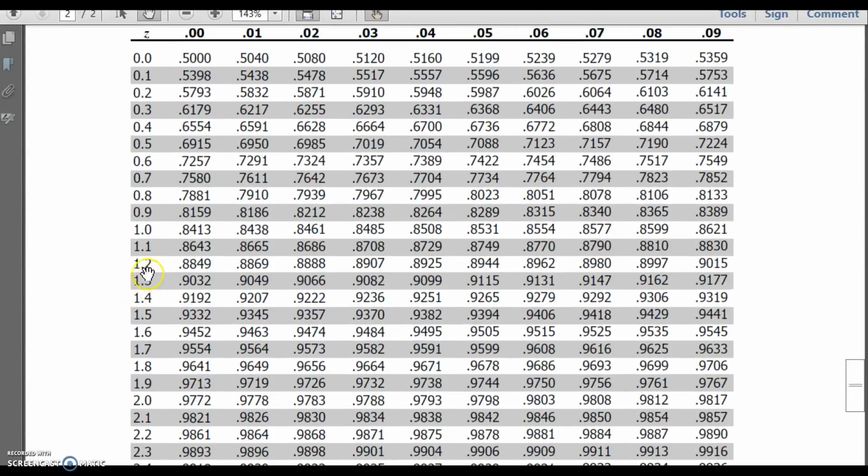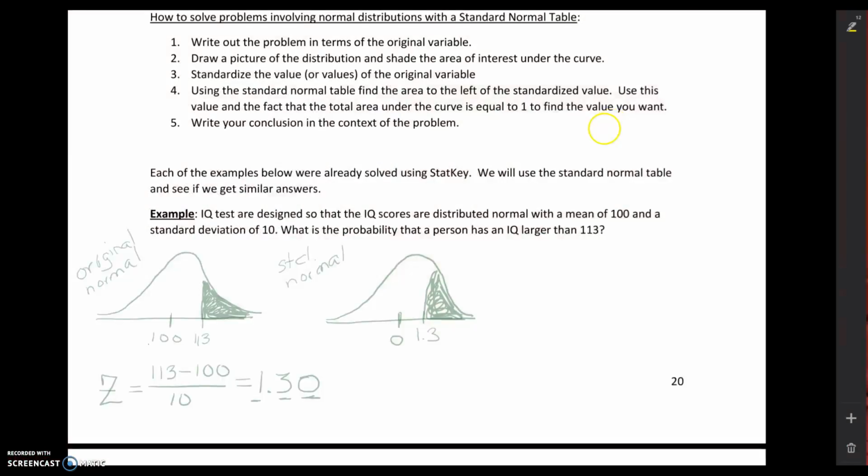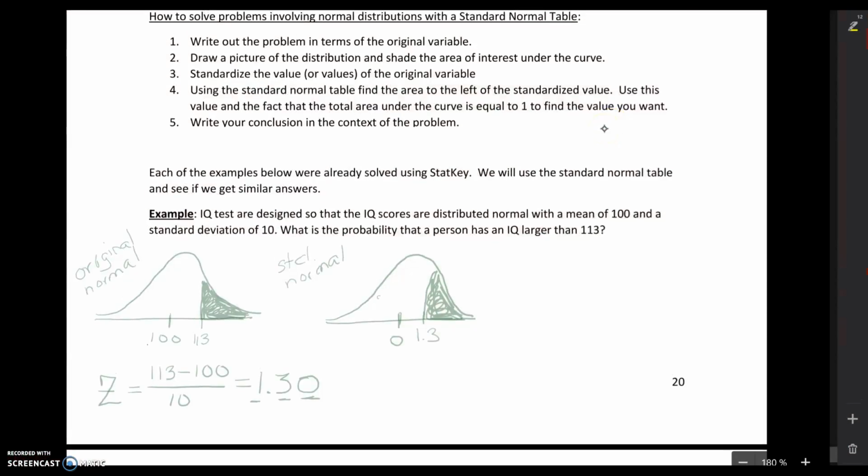Right here we see 1.3. But remember, we had that second decimal place, which we find along the top. So 1.3 and the 0 column gives me an area of 0.9032.